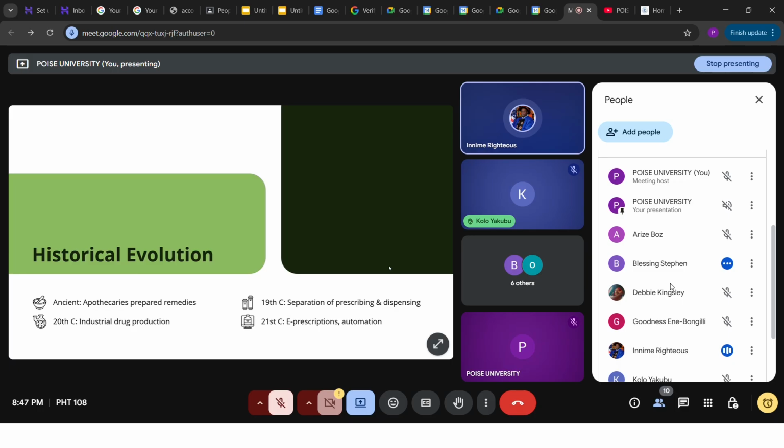So they should be able to go into more practice of insight on how dispensary is an evolution and the history of evolution. When you're talking of dispensary, they should be able to know that there are innovations in dispensary today.